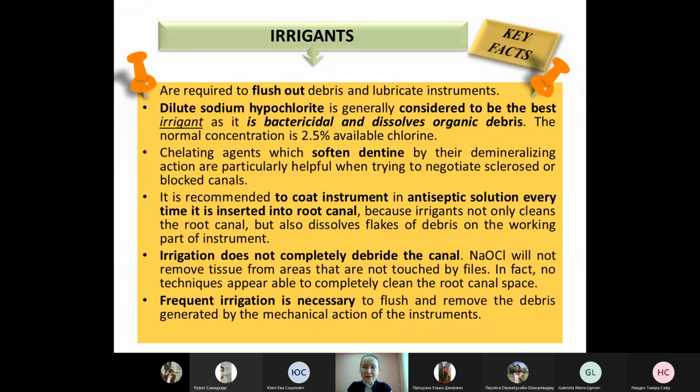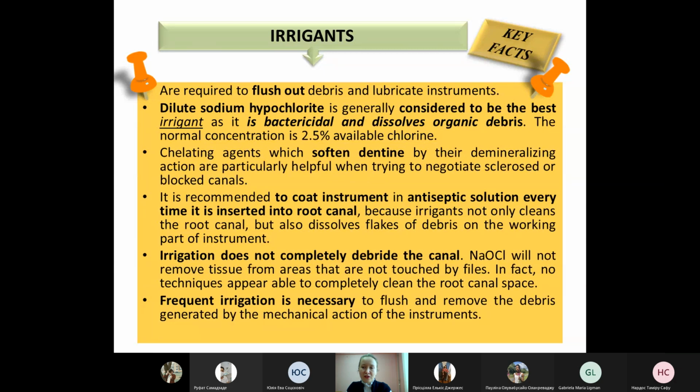So I propose such key facts of irrigants here. First of all, irrigants are required to flush out debris and lubricate instruments. Dilute sodium hypochlorite is generally considered to be the best irrigant, as it is bactericidal and dissolves organic debris. The normal concentration is usually 2.5 percent available chlorine, but it is available in lower and higher concentrations.